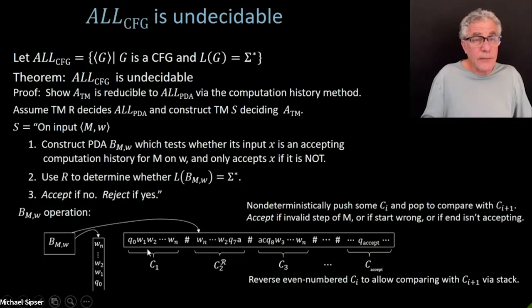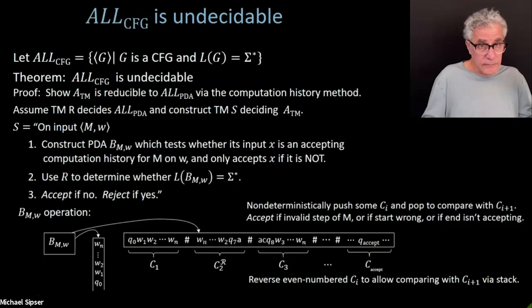And so the pushdown automaton, if you're going to get down to the nitty-gritty, can check that this configuration leads to that configuration, pushing on the stack and then popping it. But by the time you get to here, you want to check that this second configuration leads to the third one. You would need to push the second configuration onto the stack, but at this point, you're already after the second configuration. So we cannot back up and push the second one on the stack.